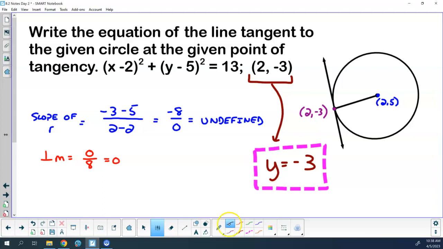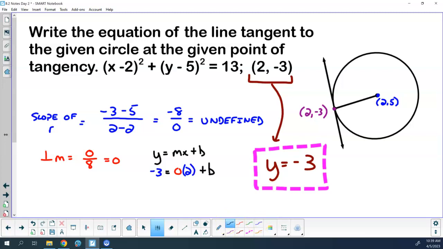So when I go to y equals mx plus b, my y is negative 3, my slope is 0, my x is positive 2.